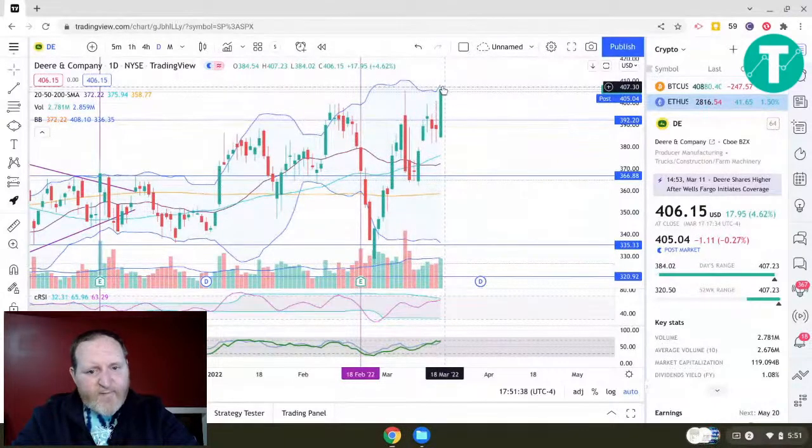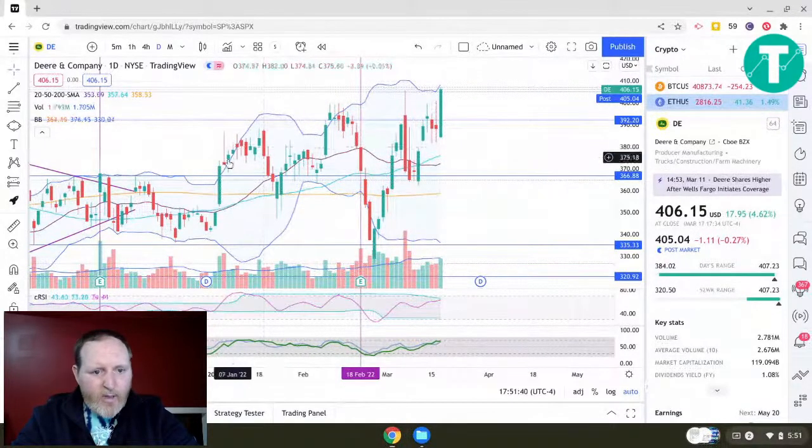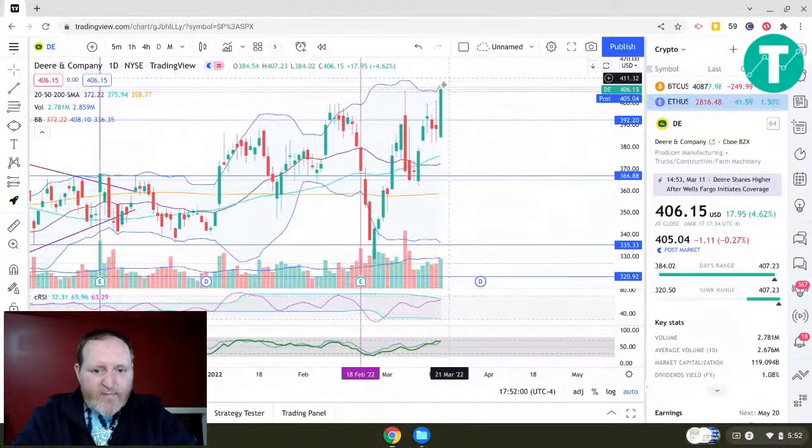Now, that's not to say it can't continue up. Look back here on January the 4th all the way through January 11th, right? It rode and pushed the Bollinger Band almost straight up here in this extended rally. So we can see a rally push these bands higher.